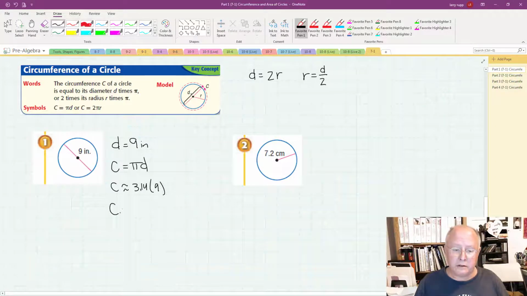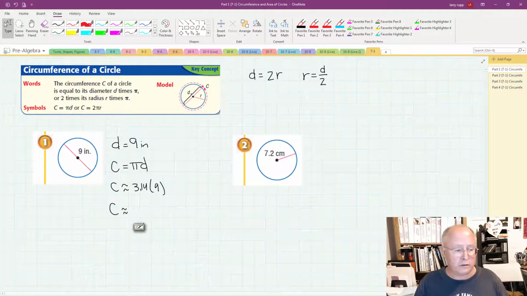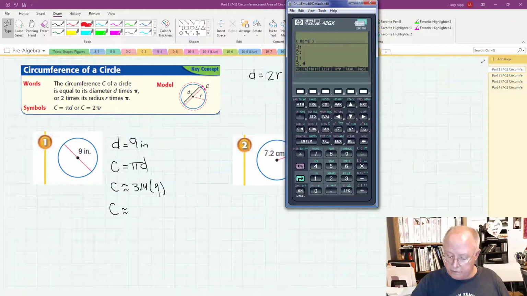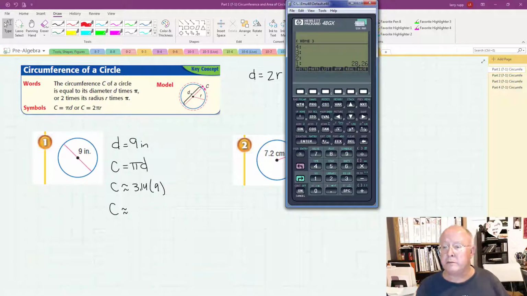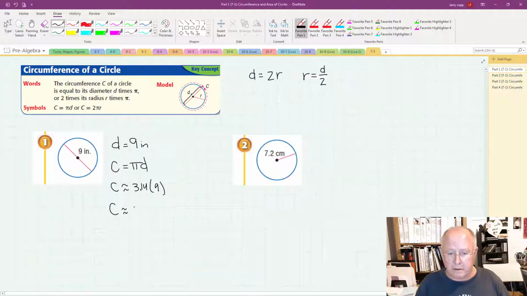All right, so C is approximately equal to, and let's whip out our calculator, and we go 3.14 times 9. So 28.26, and it was originally in inches. Okay, so the distance around this circle right here, the circumference, is approximately equal to 28.26 inches.